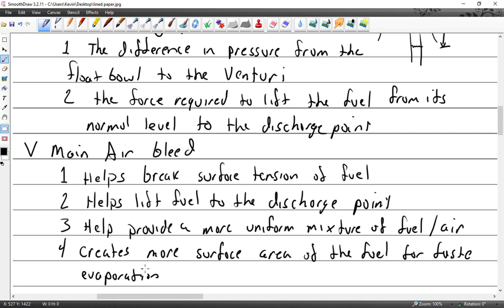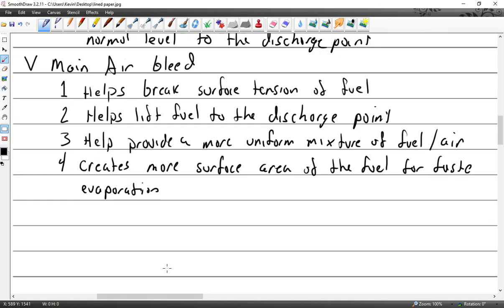When the fuel breaks up into smaller droplets, there are more of them, which means more surface area, like one big globule of fuel versus hundreds of little ones. More surface area gives you faster evaporation.